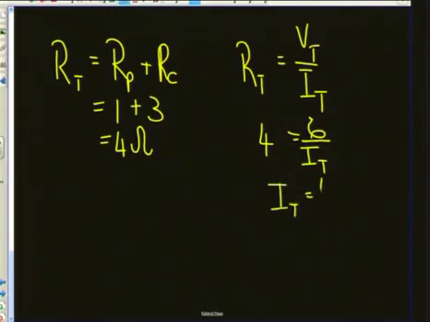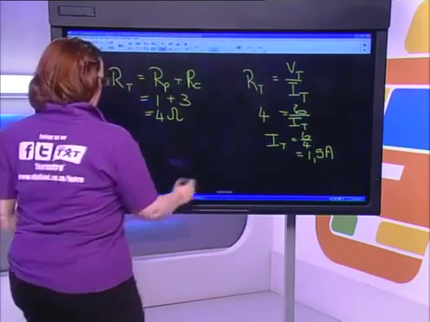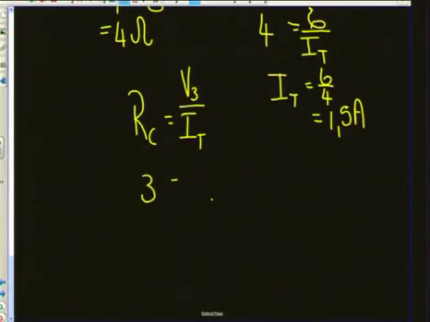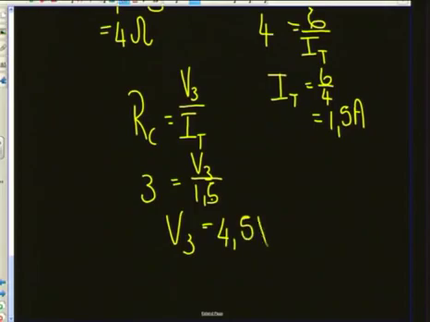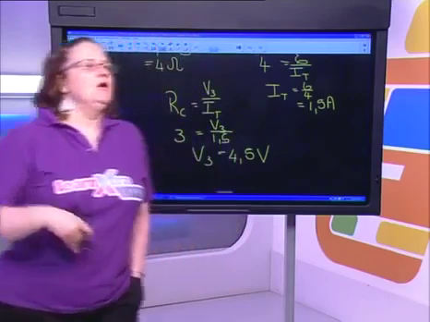So my total current is 6 divided by 4, which makes it 1.5 amps. So RC is going to be V3 divided by I total, which is wrong; V3 is I total times R, so 3 times 1.5, which means 4.5 volts. Okay? 4.5 volts.